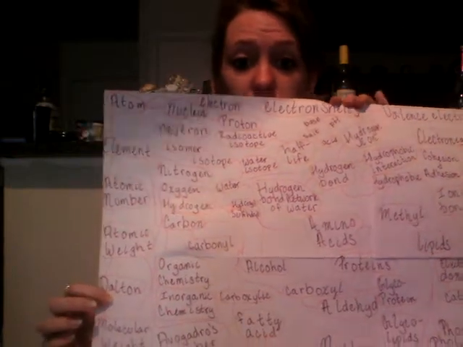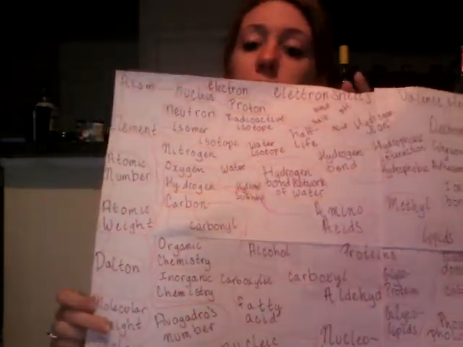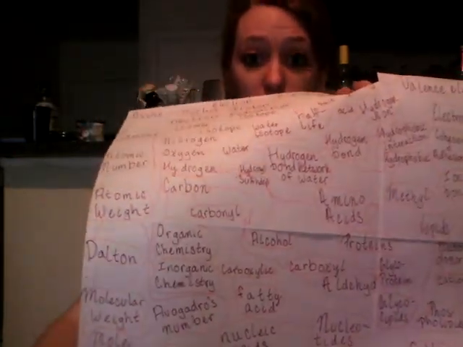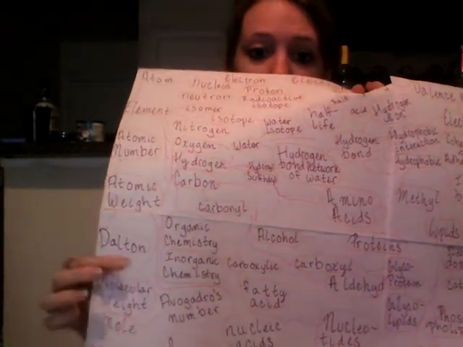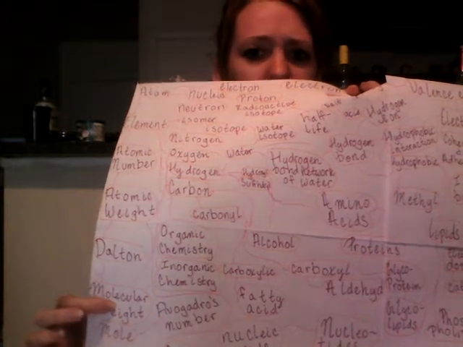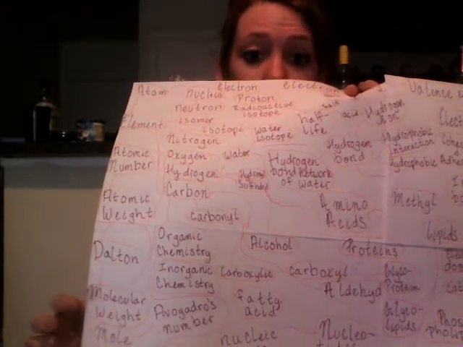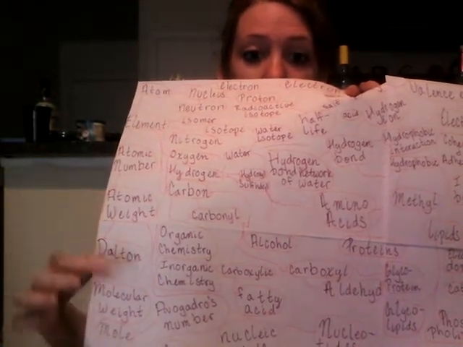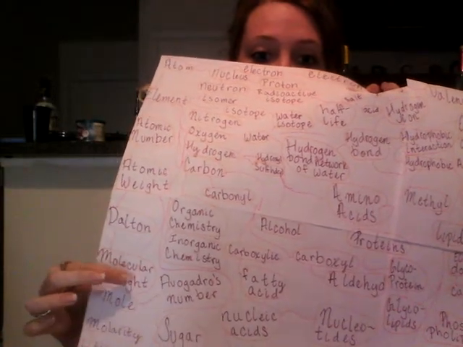And it's measured in daltons. And then molecular weight is another way to measure the weight of an atom. To find that, you multiply the atomic weight by Avogadro's number, which gives you moles.